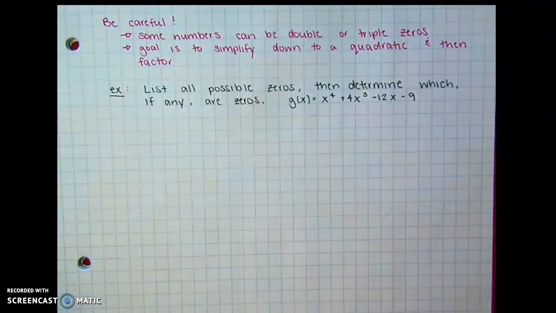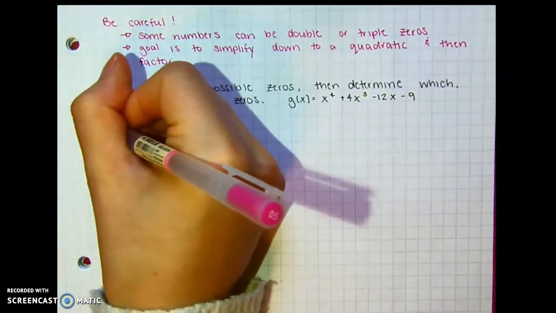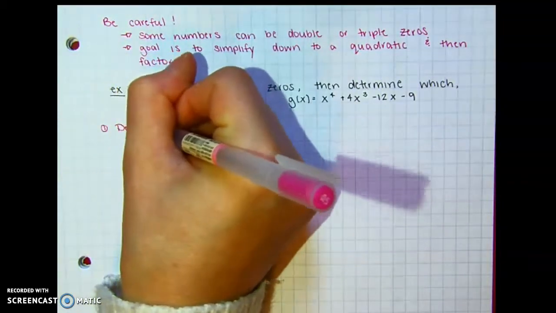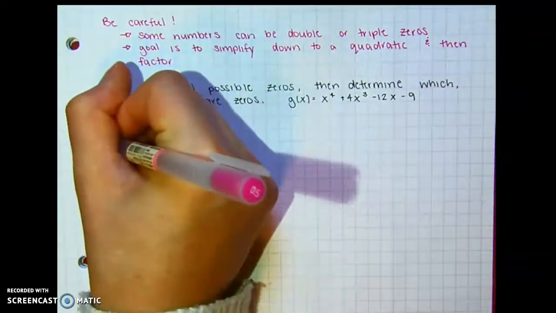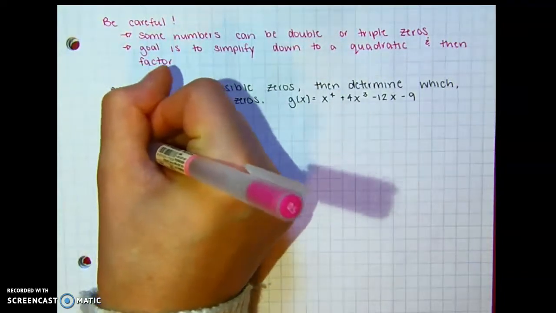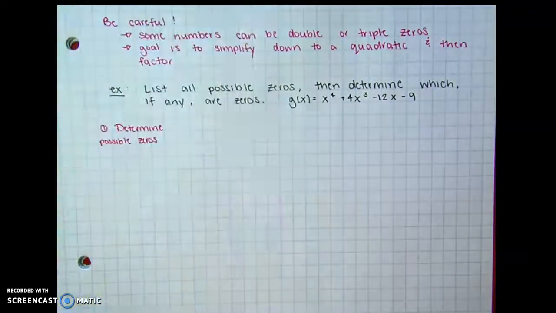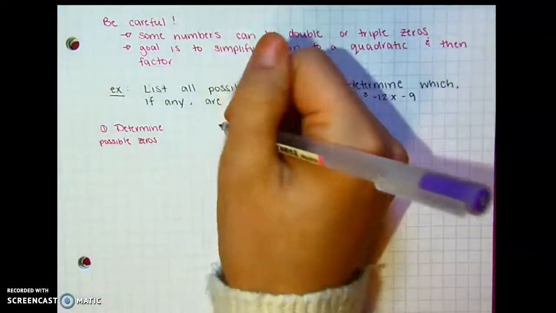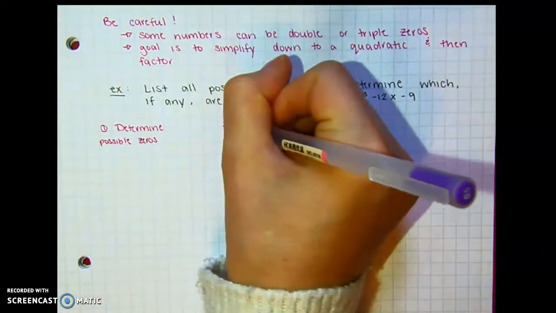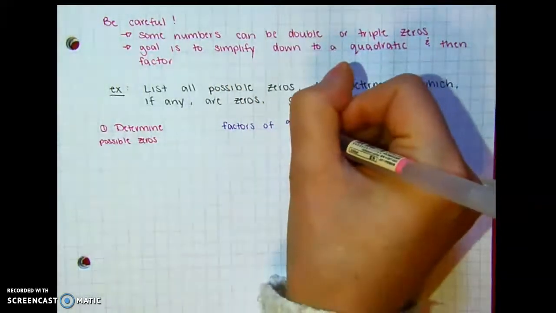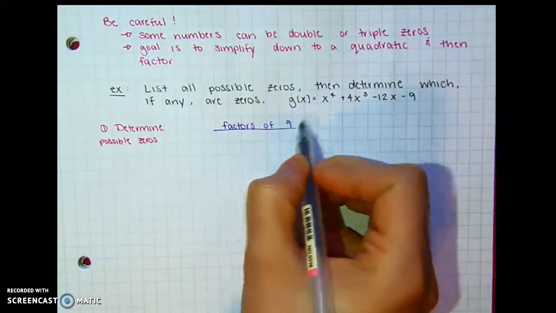Alright, so the first thing we need to do is determine the possible zeros. So I'm going to write steps off on the side, which I recommend you do too. First, determine possible zeros. Factors of your constant, which is 9, divided by factors of 1.